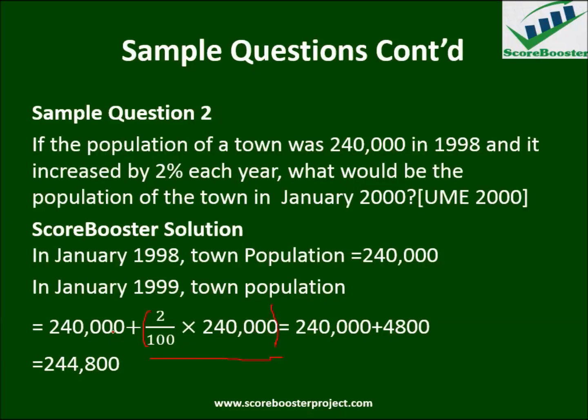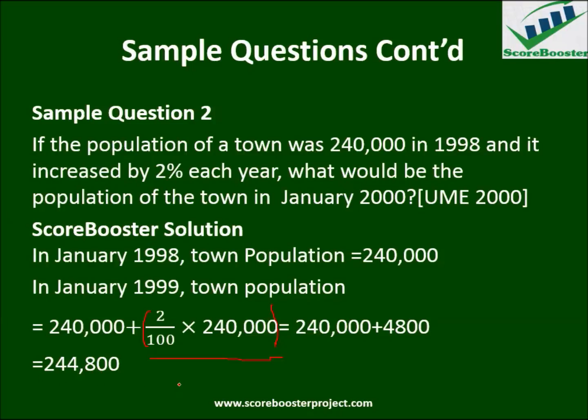Since 240,000 has been increased by 2%, you have 240,000 plus 2% of it, which is 240,000 plus 4,800. When you simplify the term shown here, you get 4,800. So when you add 240,000 and 4,800, you arrive at 244,800 in January 1999.